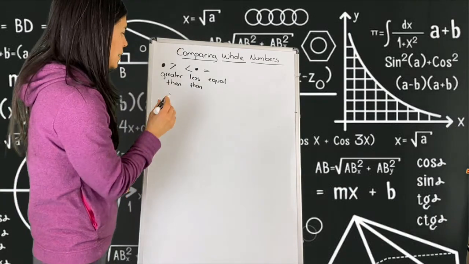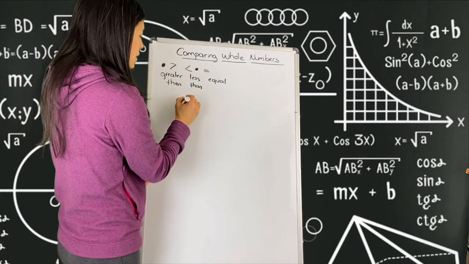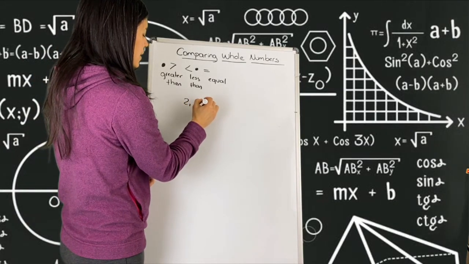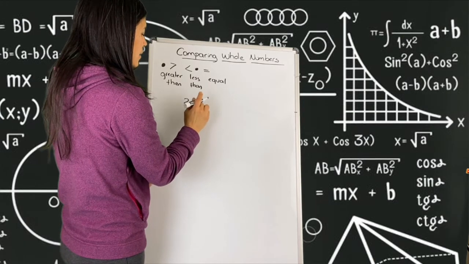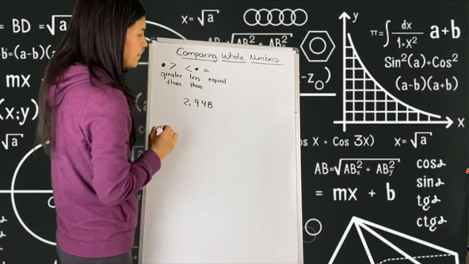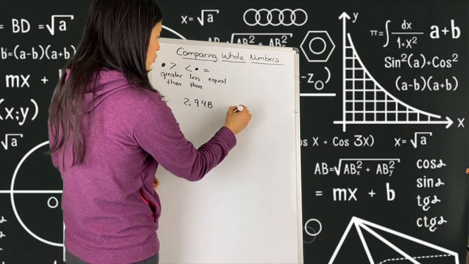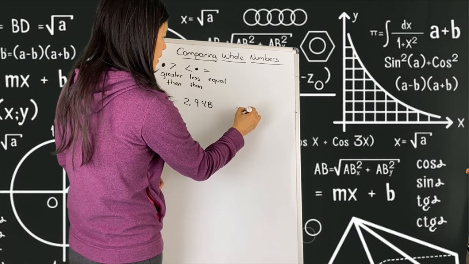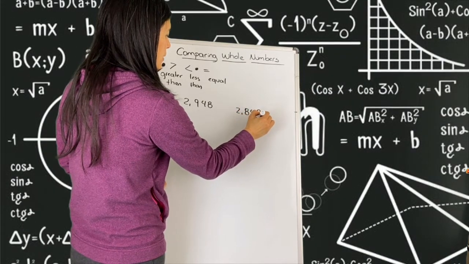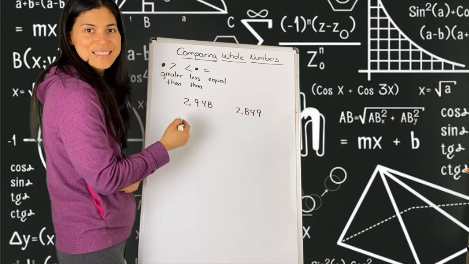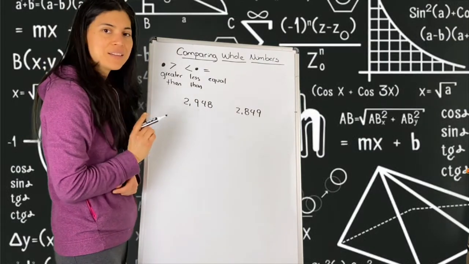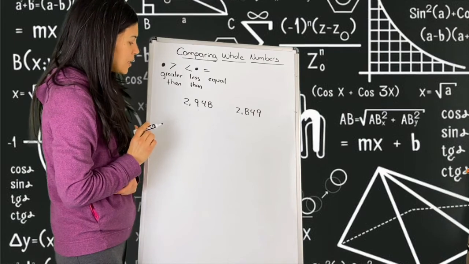For example, let's think of the number 2,948. And let's think of another number, 2,849. I use the same digits, but in different places, so they have a different value.